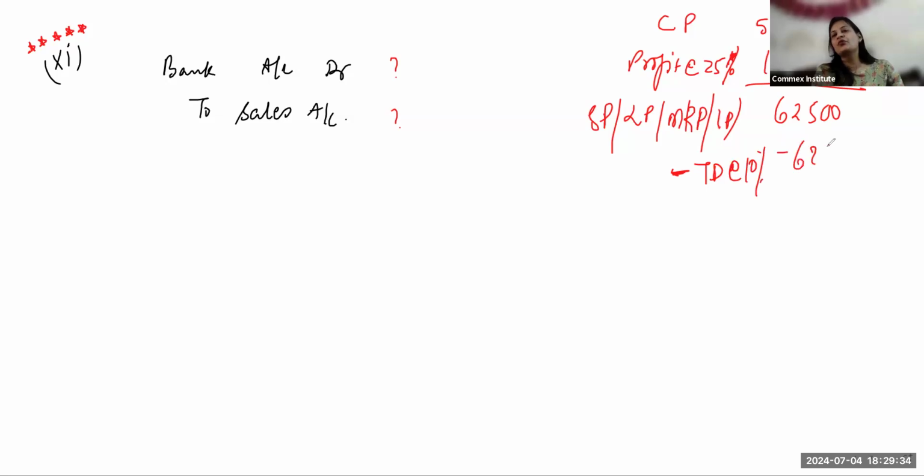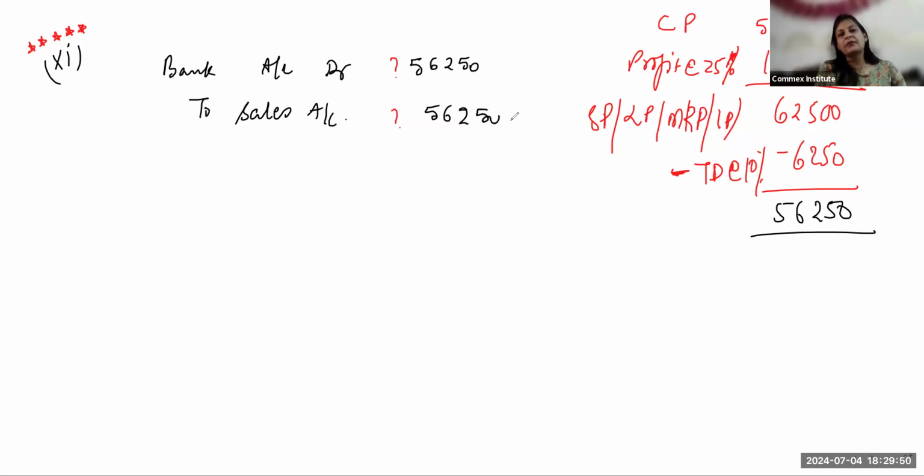So that is 6,250. And that makes the final sales figure 56,250. So it's 56,250 and 56,250. Okay.